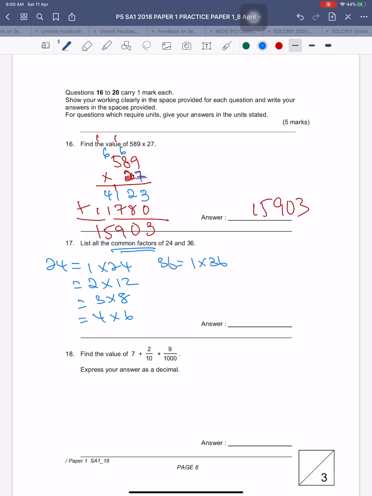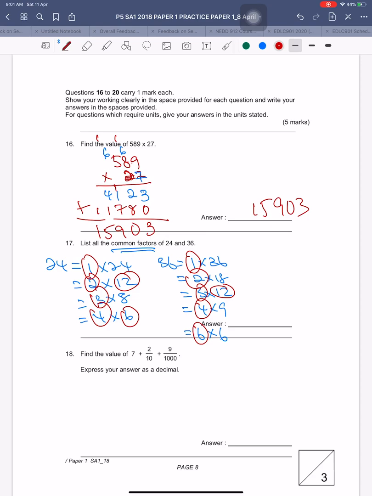Now 36. Start with 1 times 36, 2 times 18, 3 times 12, 4 times 9, 5, no, 6 times 6. So that's all. From here, they want the common ones. So 1 is common, 2, 3, 4, 6, and 12.